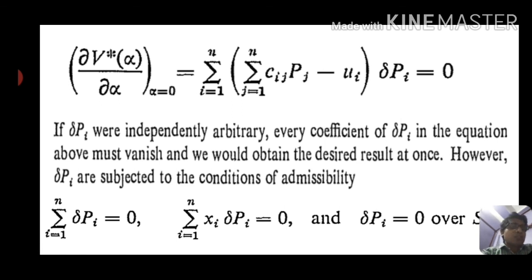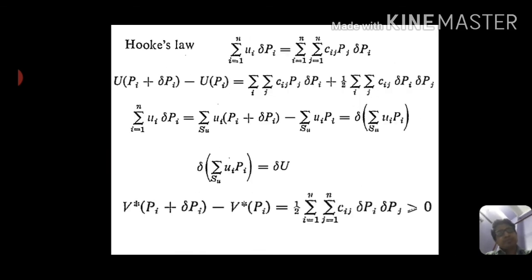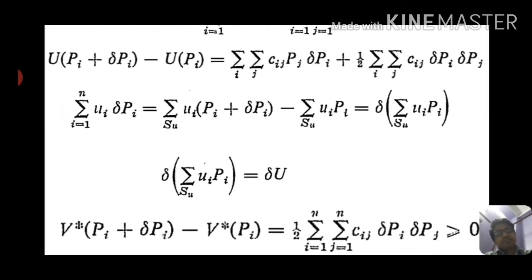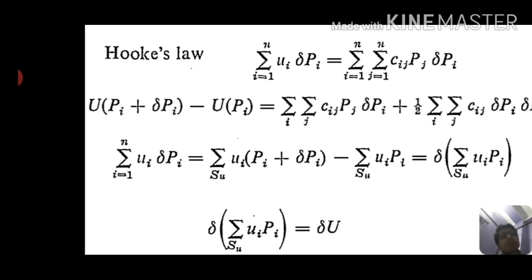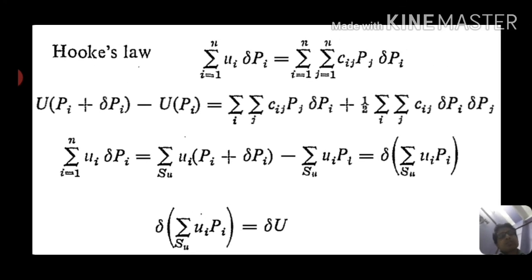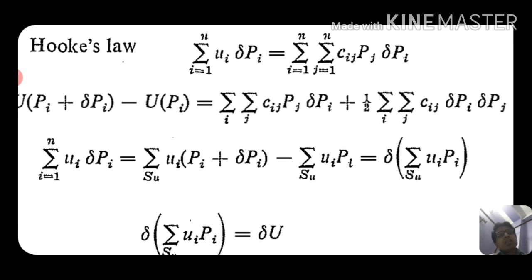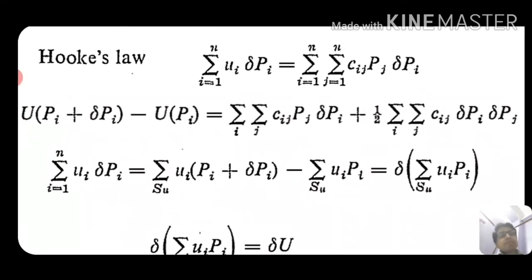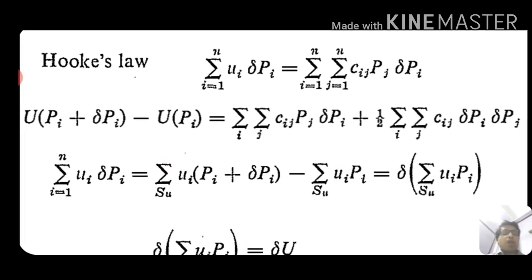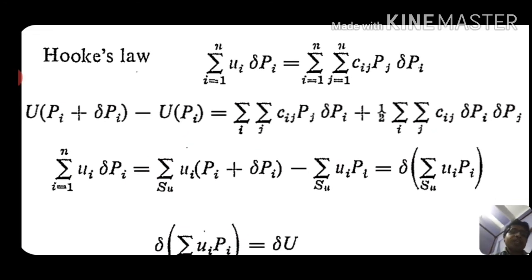We obtain at once by Hooke's law that the summation of Ui delta Pi equals the summation over i, j equal to 1 to n of Cij Pj delta Pi.